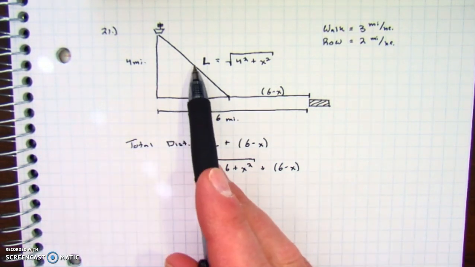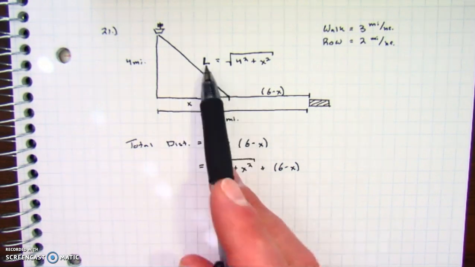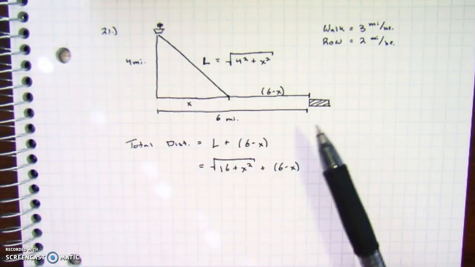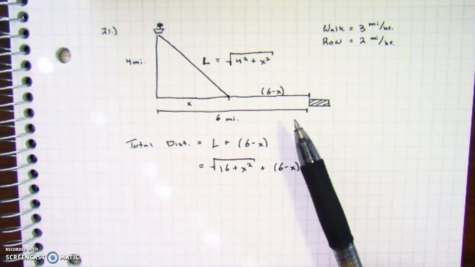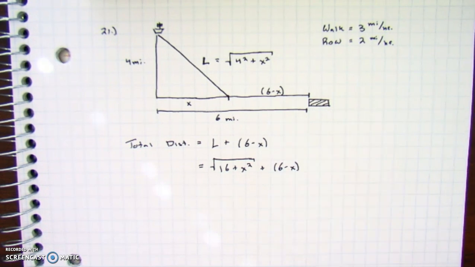Now let's say we know that this is a certain amount of miles and this is a certain amount of miles. If I take that distance and divide it by miles per hour, that gives me the total time in hours.